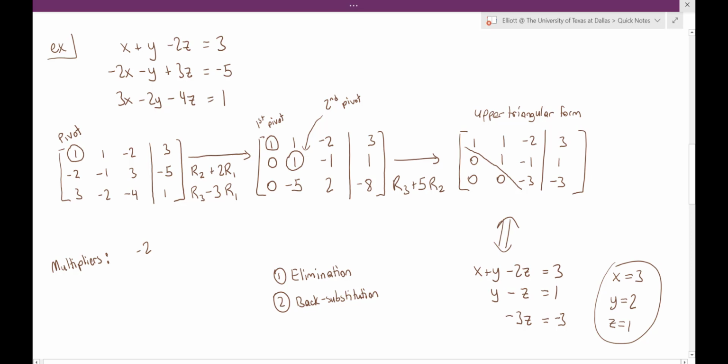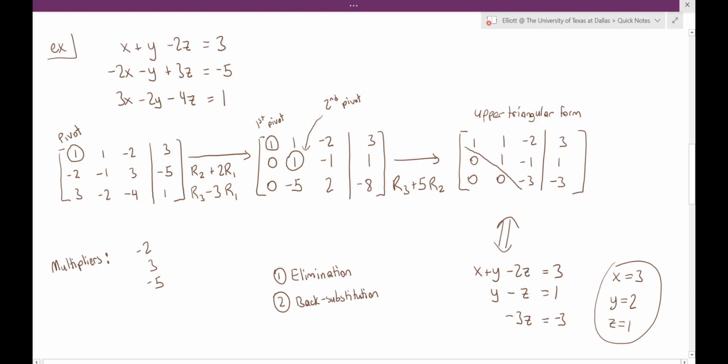But similarly, in the second row operation, where we did row 3 minus 3 row 1, the multiplier that we used for this row operation is not minus 3, but plus 3. And finally, the multiplier that we had over here in this row operation is minus 5, not plus 5, as you see here. So it looks kind of weird, but I'm taking this number that we multiply the row by, and we just change the sign to get the multiplier.